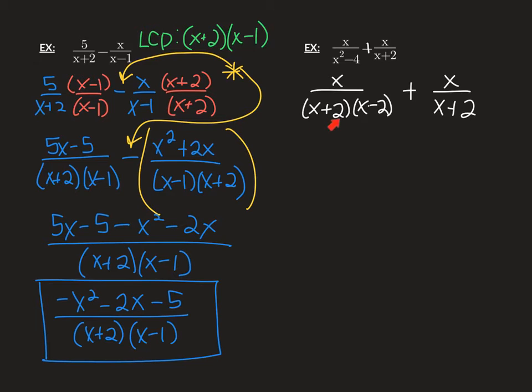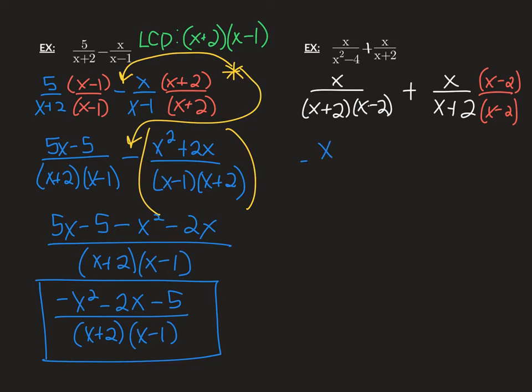Yes, they both have an x plus 2. So what is it that I'm missing from this second fraction in the denominator that this first fraction has? Well, I'm missing an x minus 2. So to find a common denominator here, I just need to multiply both the top and the bottom by x minus 2.